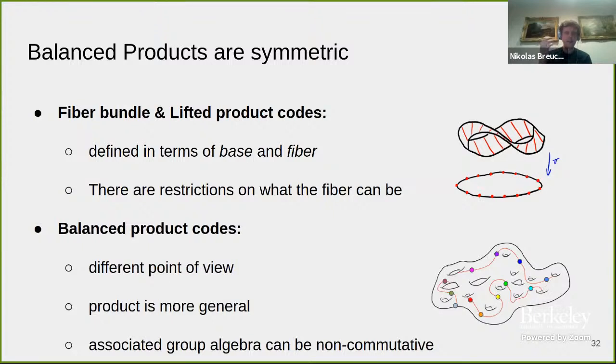In the language of lifted products, the associated group algebra, which I didn't say very clearly, but we can describe the lifted products in terms of the balanced product, and then there's a group algebra associated to the balanced product, and this group algebra doesn't have to be commutative.